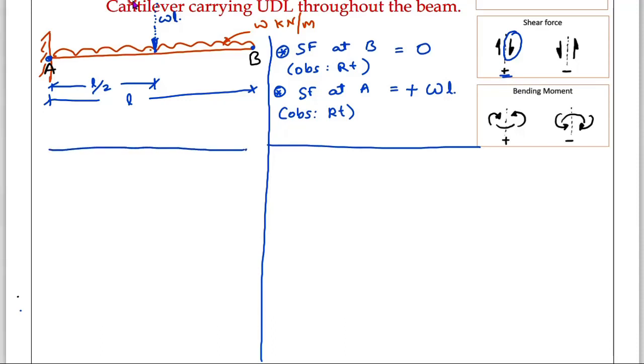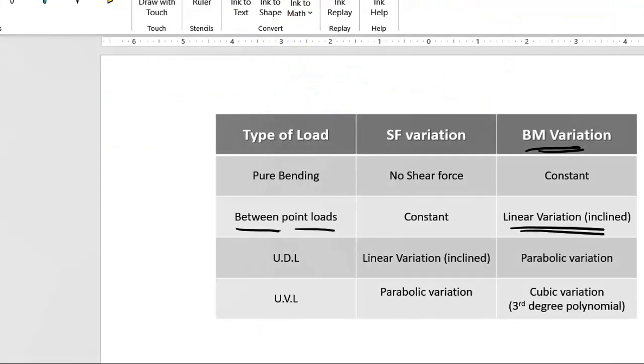Okay. This is point B, and this is point A. At this point 0. At this point positive WL. At this point positive W into L. Okay, how to join this? Straight line or parabola? That I have to see. Here UDL is there.